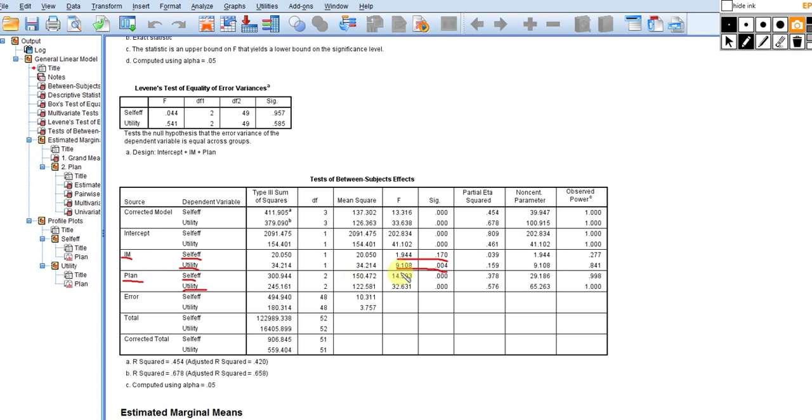Similarly, when we compare the two groups on utility while controlling for intrinsic motivation, we see a significant group difference here. So in both cases, we have significant between groups differences on each of the dependent variables while controlling for the covariate in the model.